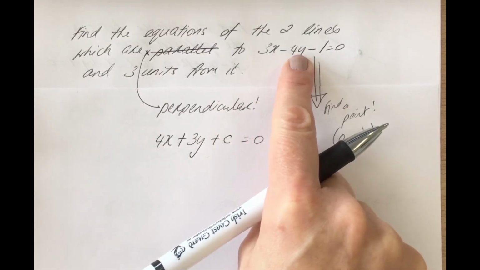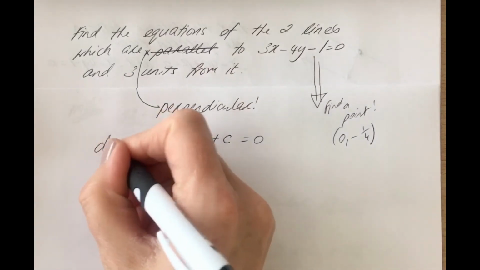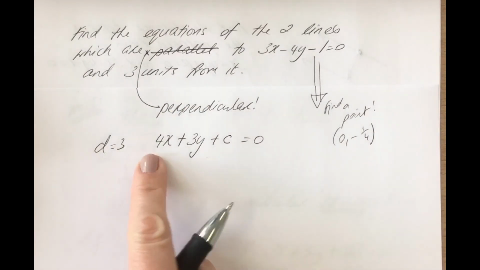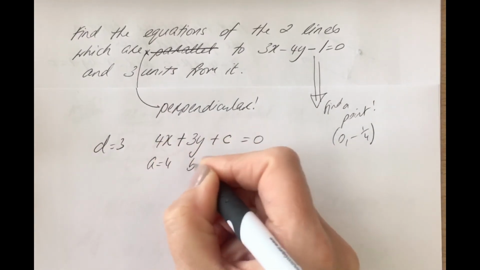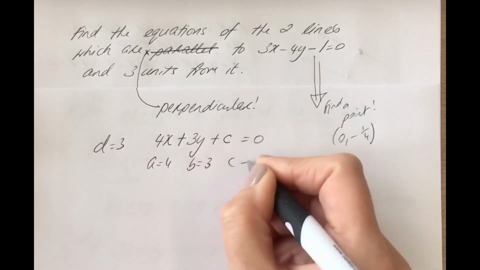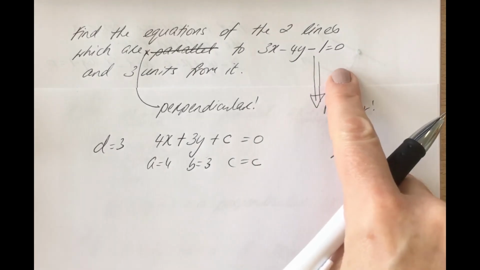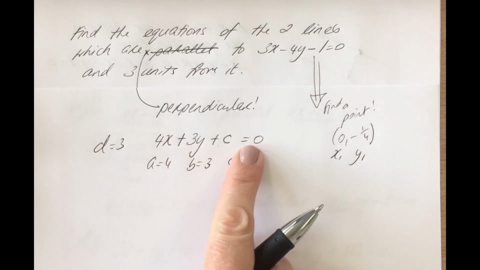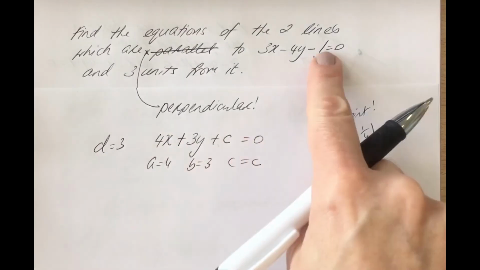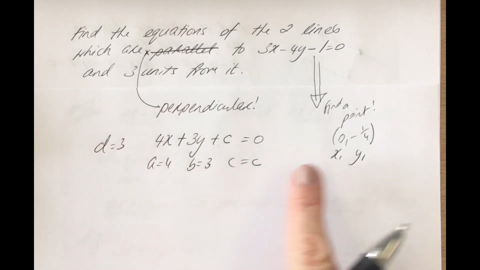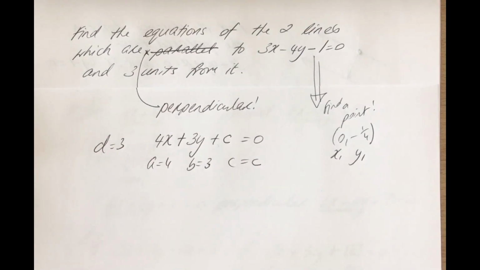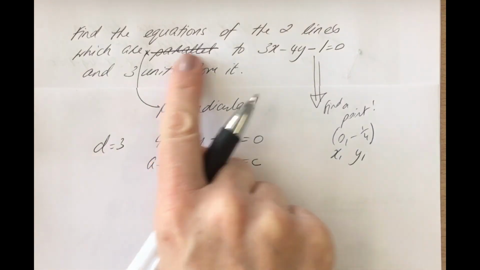So what we would use now for the formula is the distance of 3, but A is 4, B is positive 3, C is C, and of course x1, y1, the point on that line. So now you've got all the pieces of information you need to find the two equations that are perpendicular to that line.